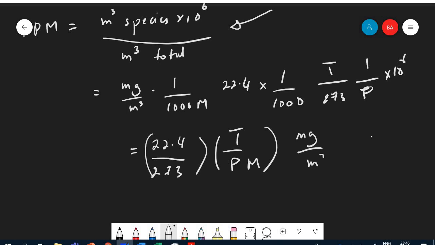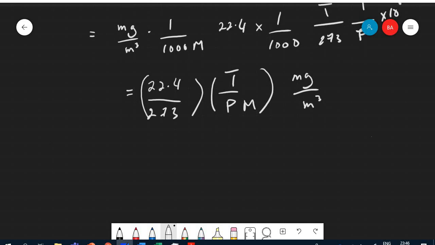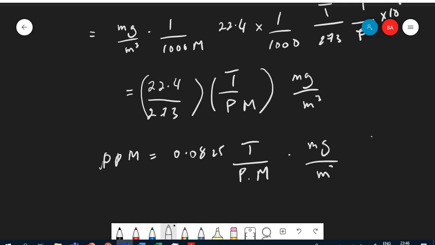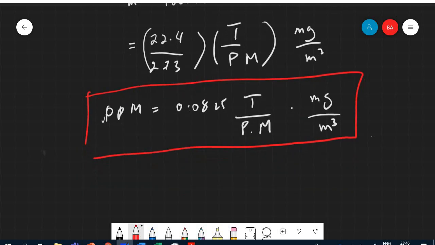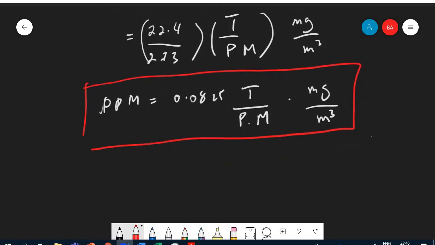And if you just do the division, you will have the ppm is equal to 0.0825 into temperature over pressure into the molecular weight, and that is in milligram per meter cube. So we are just showing how we can do the conversion. And all I want to say is that it's not about deriving it. It is only to tell you that this is the conversion of ppm.